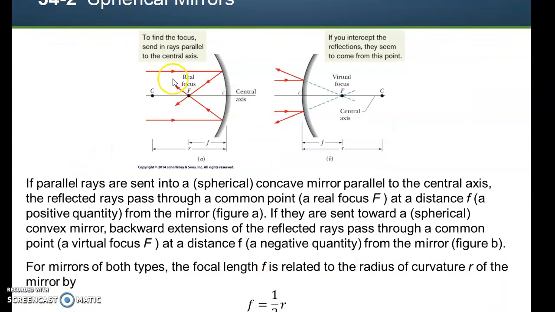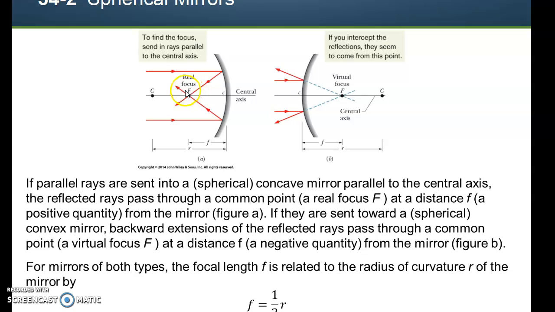So to find the focus, you send rays parallel to the central axis. This is the central axis, and these come in here. When this ray hits here, it will reflect off and hit a point here. Likewise, a ray coming in here and reflecting off is also going to come through that same point.